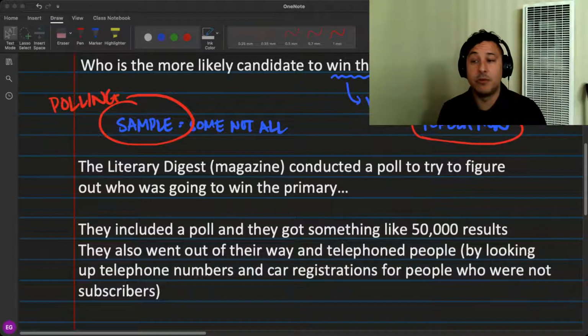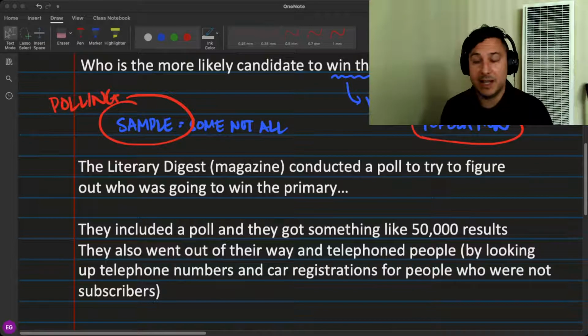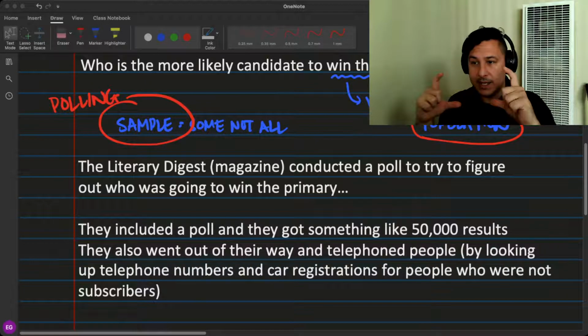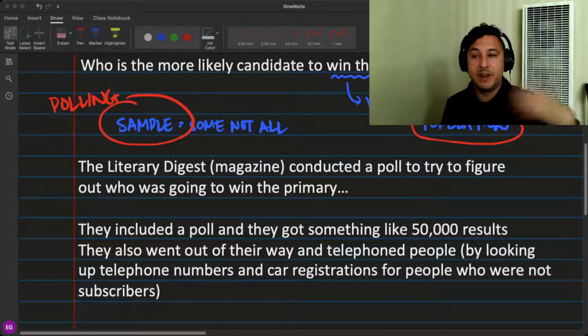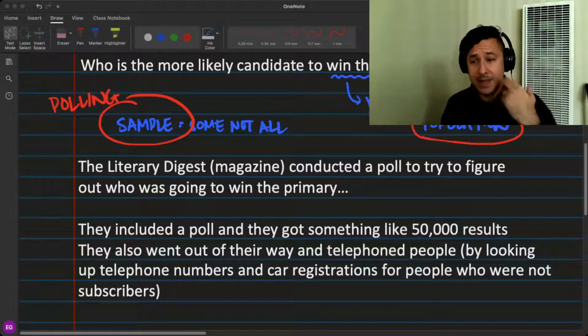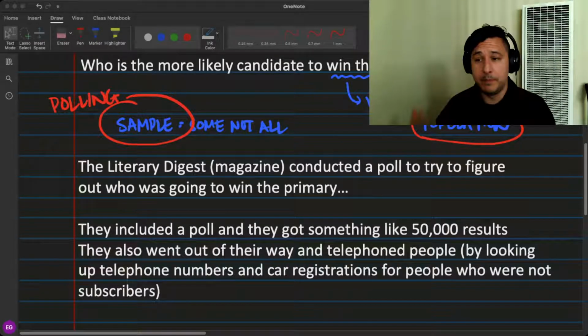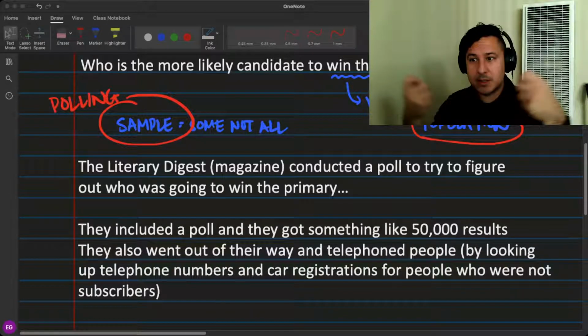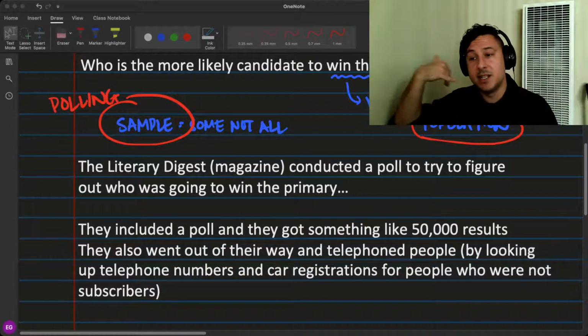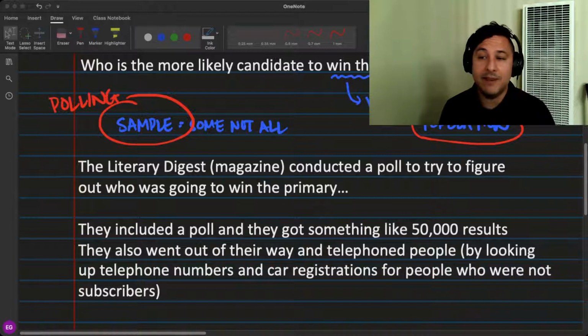So they tried really hard to get a lot of information from a lot of people. Every magazine had this little thing, who are you going to vote for, FDR or Calvin? And then they looked up telephone numbers in phone books. This actually existed back then. And car registrations, and just called those people and asked, hey, we found your number, we're just curious who you're going to vote for.